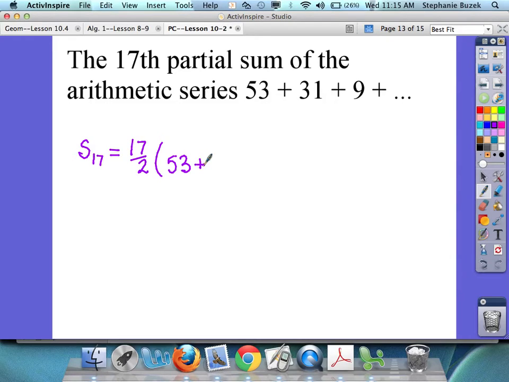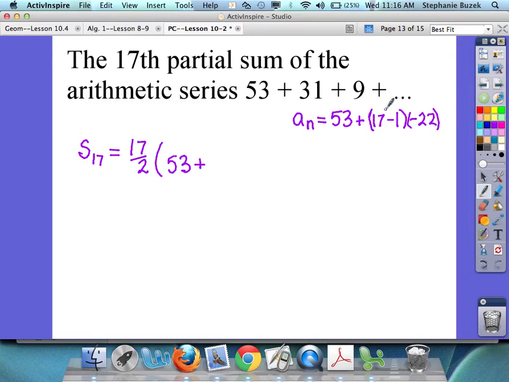And so to find the 17th term here, I've got a sub n equals a sub 1 plus n minus 1 times d. What's my d here? -22. Now, remember I'm finding the 17th term, so I'm going to plug in 17 for n.